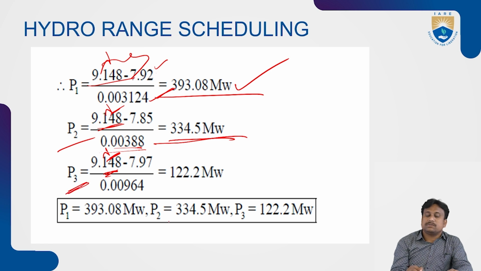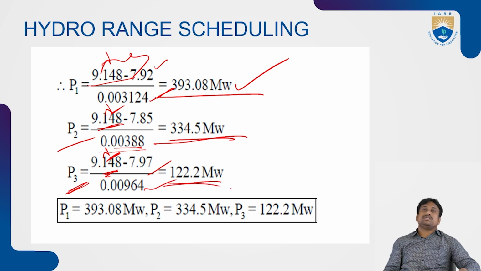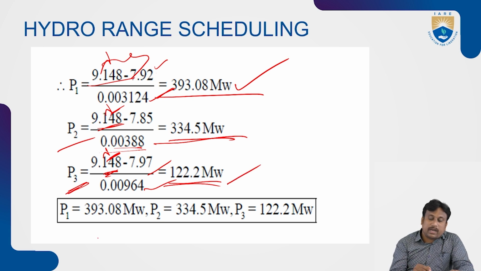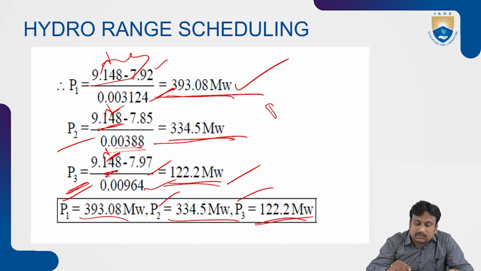And P3 is 9.148 minus 7.97 by 0.0096, which gives 122.2 megawatts. So we obtain P1 as 393.08 megawatts, P2 as 334.5 megawatts, and P3 as 122.2 megawatts.